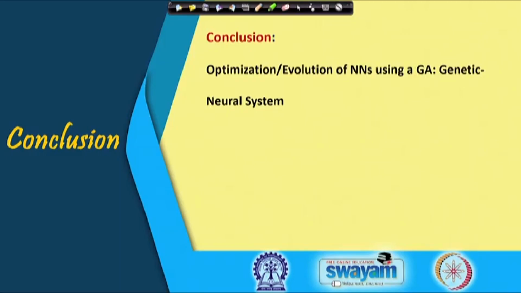We discussed the working principle in detail, and after that we have solved one numerical example to make it more clear, and I hope that you have understood the working principle of genetic neural system, and by solving the numerical example, this particular concept has become more clear.